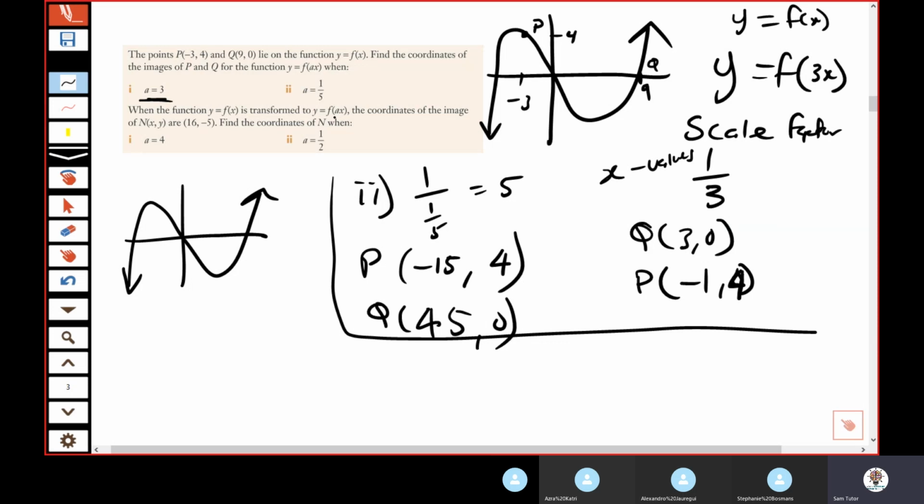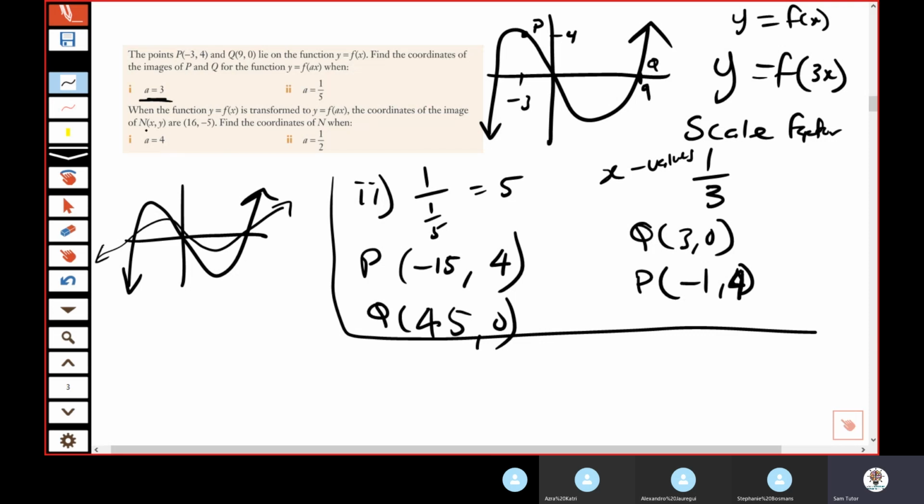So A is 4 for this, what does it do? For a equals 4, because it's a quarter, right?